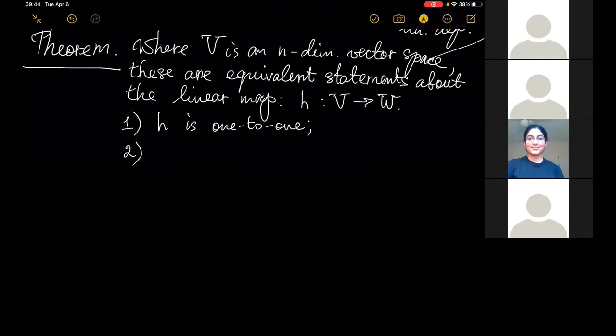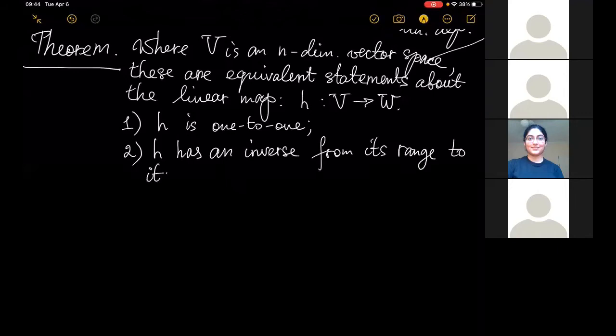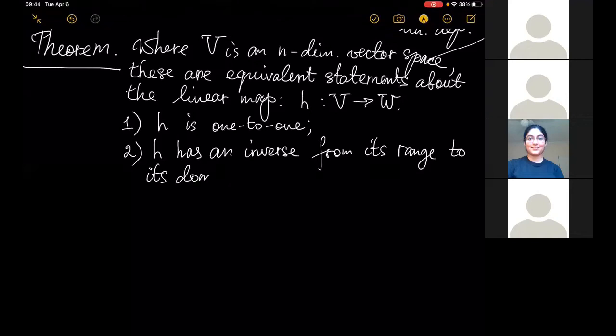Statement number 2: H has an inverse from its range to its domain that is a linear map.